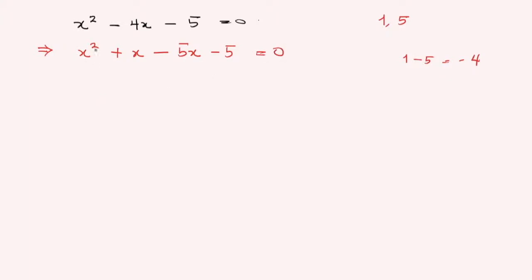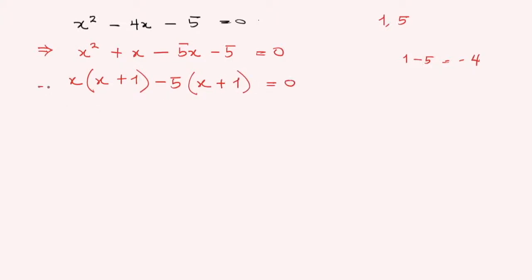Between x squared and x, x is a common factor. x squared divided by x is going to be equal to x, and x divided by x is equal to plus 1. Now, between minus 5x and minus 5, minus 5 is a common factor. Minus 5x divided by minus 5 is equal to x, and minus 5 divided by minus 5 is equal to 1.